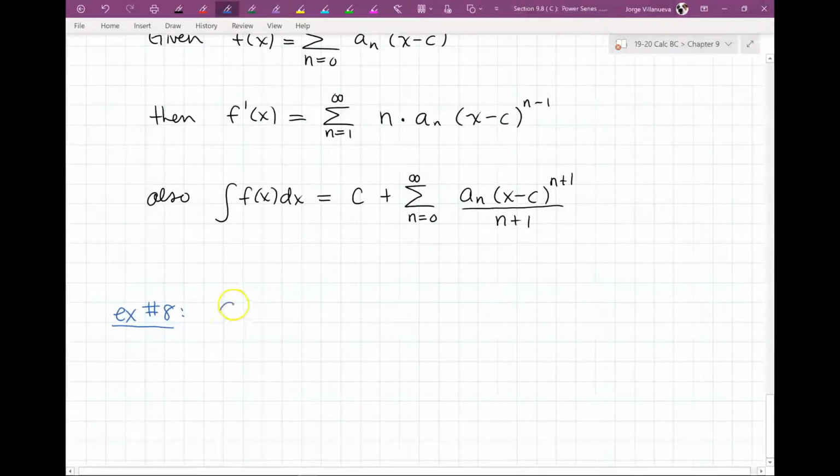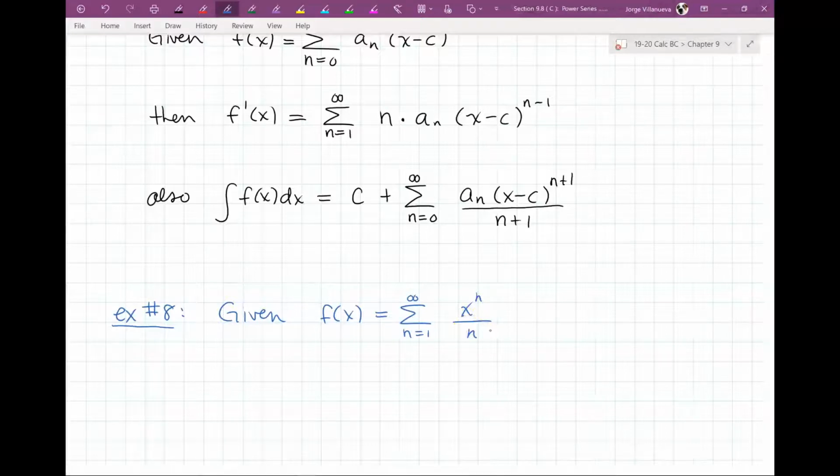So given f of x equal to the sum as n goes from 1 to infinity of x to the n over n, okay?